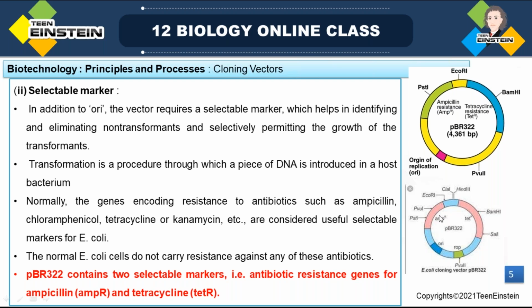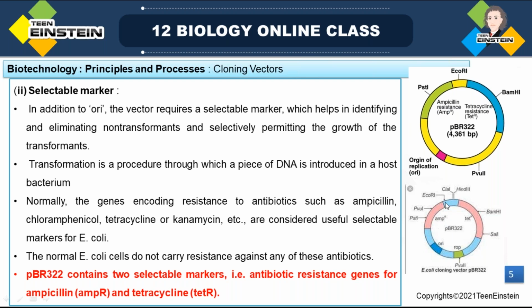These are the selectable markers which are present in pBR322. It is having two selectable markers, and these are the antibiotic resistant genes: the ampicillin resistant one, then tetracycline resistant.